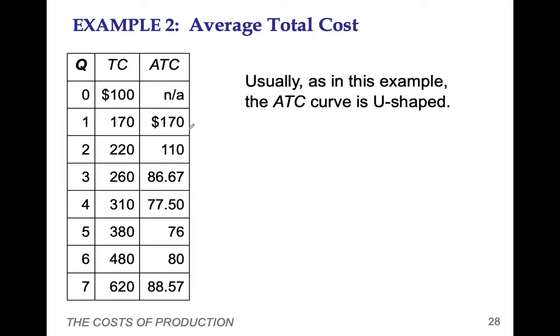So initially it is decreasing, but from the fifth unit, the sixth unit and the seventh unit, the average total cost rises again. So it is like the average variable cost. Initially it decreases, but then eventually it rises again. So the ATC curve is also a U-shaped curve.